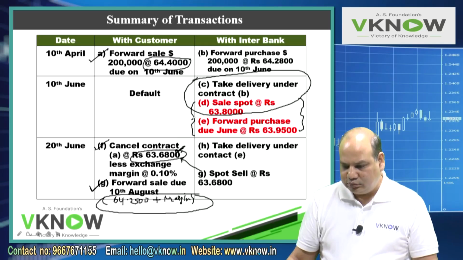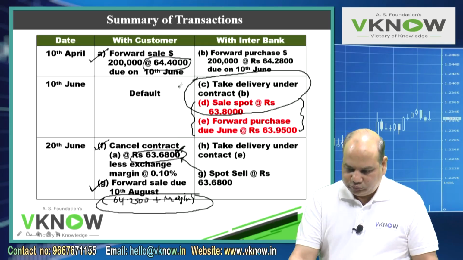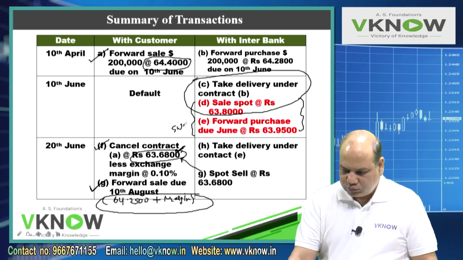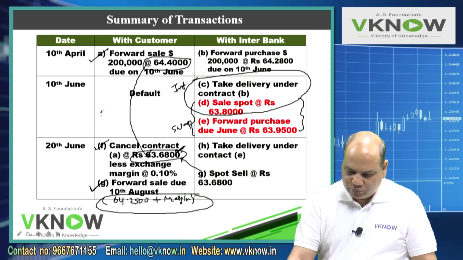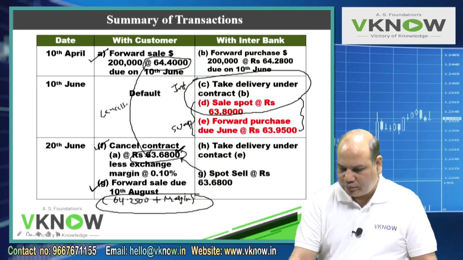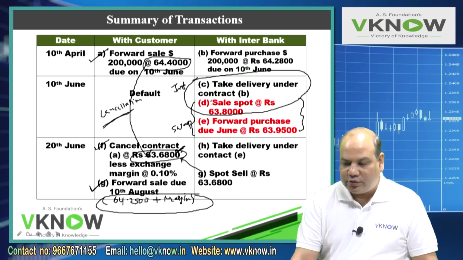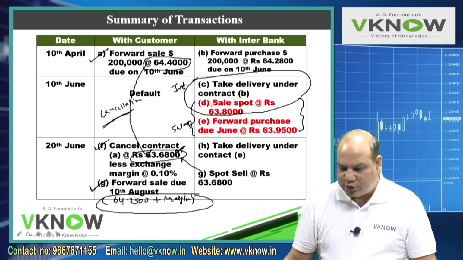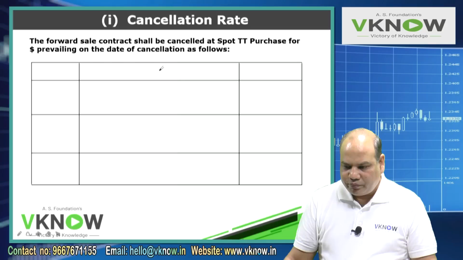That's it. Between A and F, cancellation, C and D interest, D and E swap. Everything explained to you. Now we'll start writing the answer.